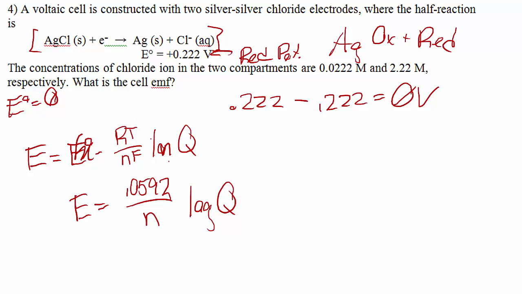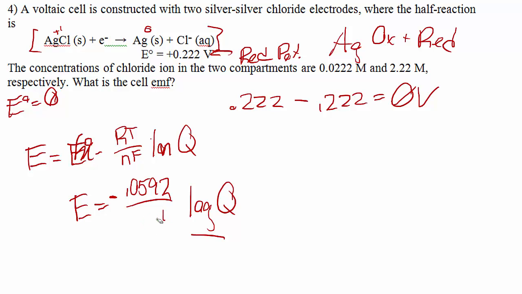I switched from the natural log to log base 10, and I almost forgot that negative sign there. So now I look at, well, how many electrons are being transferred? It's just 1. Silver's going from +1 to 0. So that n is 1.